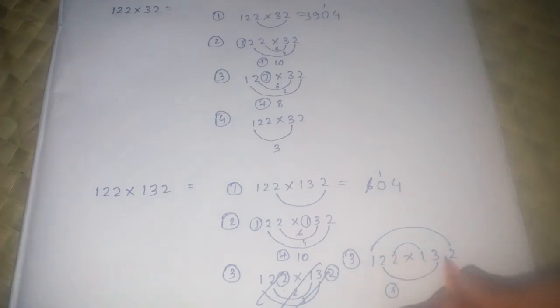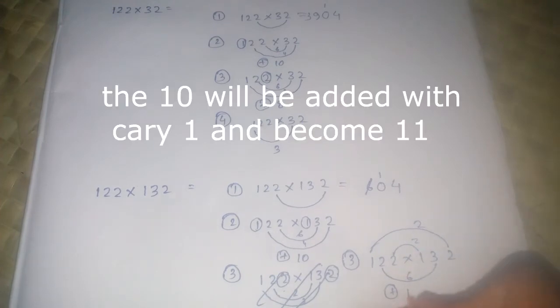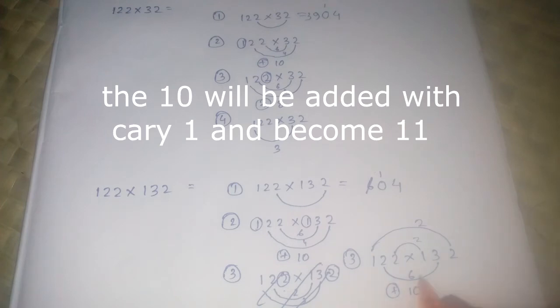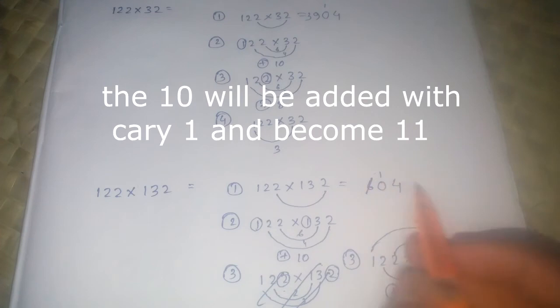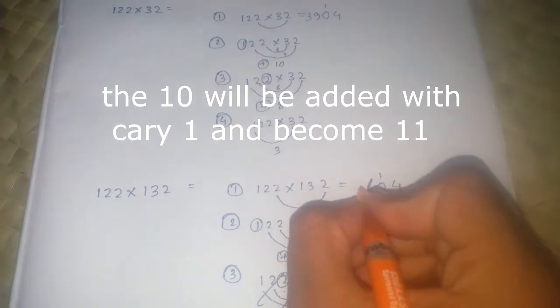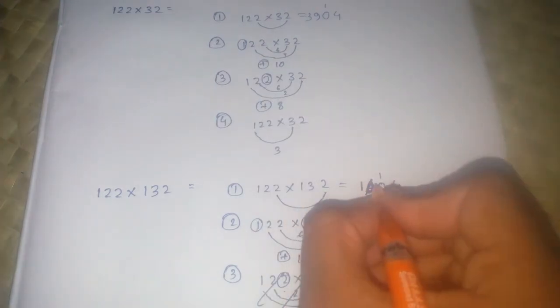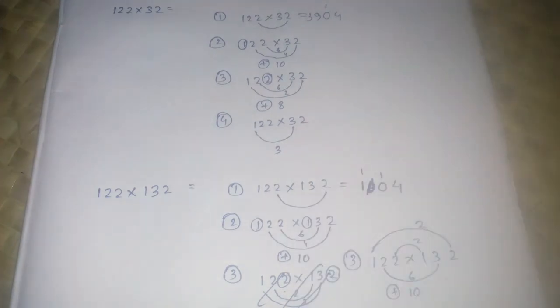So what will be the answer? 2 cross 2 is 2, 2 cross 2 is again 2, and 2 cross 3 is 6, right? So 6 plus 4 is 10 again, right? So the 10 will be added with this 1, and it will become 1, and the 1 will be carried here, right?